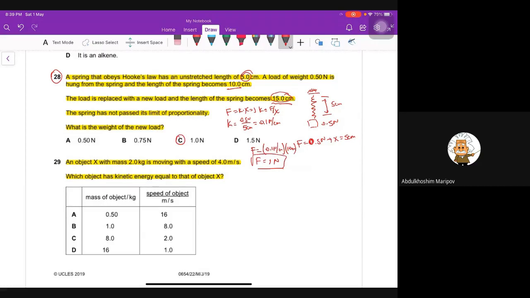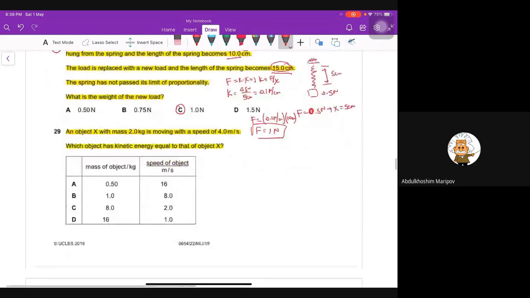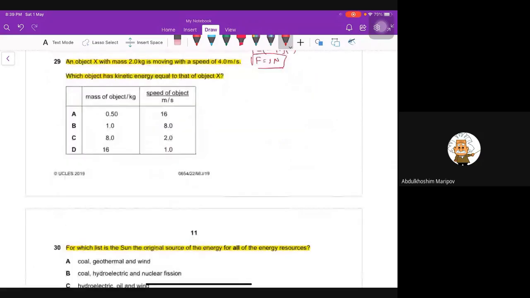Another question: an object X with mass 2 kilogram is moving with a speed of 4 meters per second. Which object has a kinetic energy equal to object X? Okay, so among these, which one has the same kinetic energy?